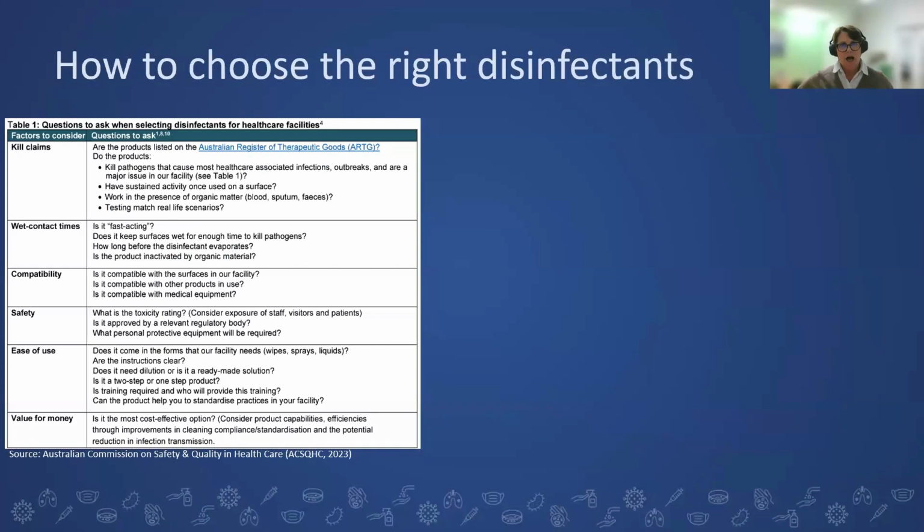So I've popped in a slide on how to choose the right disinfectant. The things we've got to consider when looking at disinfectants are the bug characteristics. So their ability to survive for prolonged periods of time on environmental surfaces, their ability to remain virulent after exposure to the environment. Are they at concentrations that are sufficient to result in transmission?